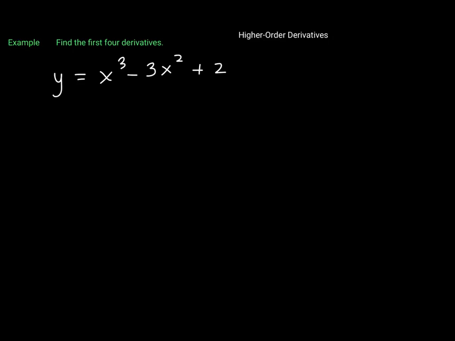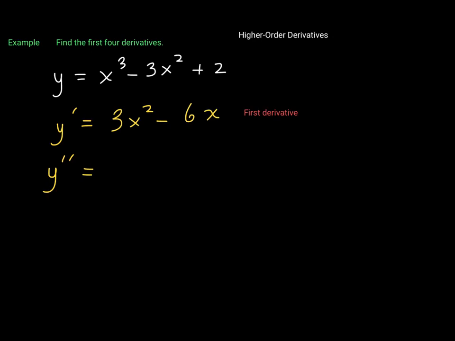So then let's see. The first derivative, y prime, using the power rule, would be 3x squared minus, now this is the constant multiple rule and also the power rule, gives us minus 6x. This is the first derivative. Now we find the second derivative, which is y double prime.